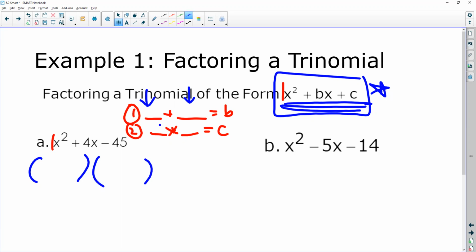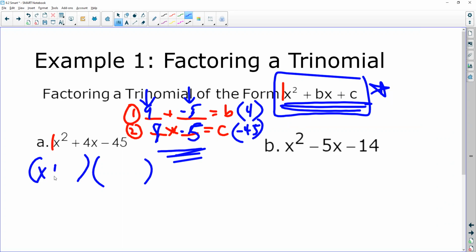So if I did 9 times 5, that would get me 45, and I want to add them together to get 4. So I would have to do 9 plus negative 5. So that's got to be a negative 5, because the b number is 4 and the c number is negative 45.